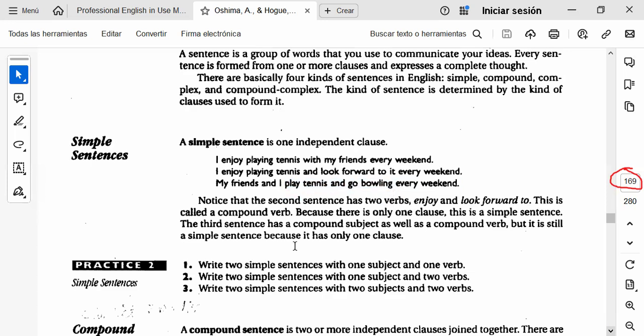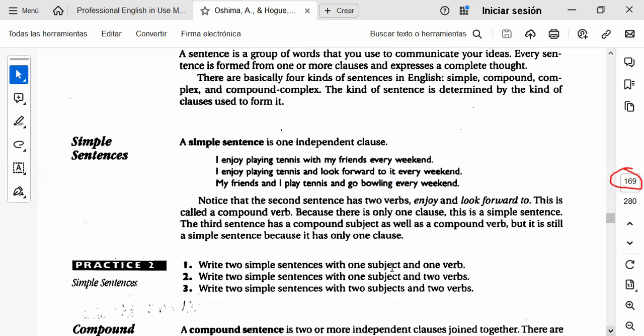Okay, but it's still a simple sentence because it has only one clause. Yes, it's a complete thought. No, that's a clause. It's a complete thought. Okay, but it's simple.